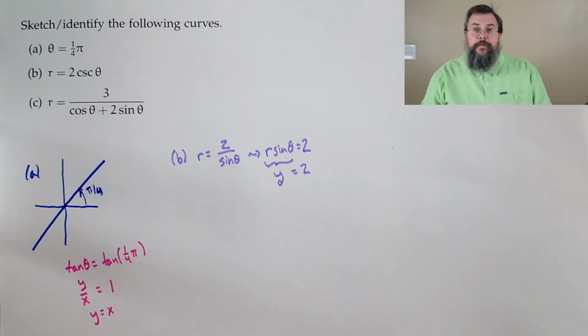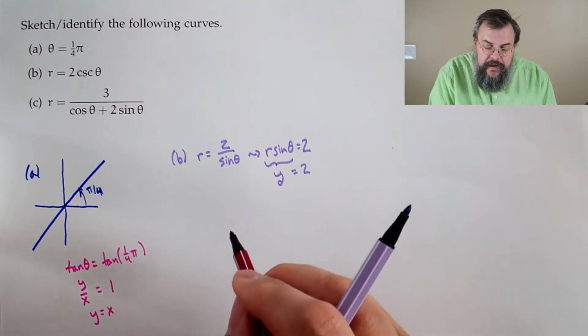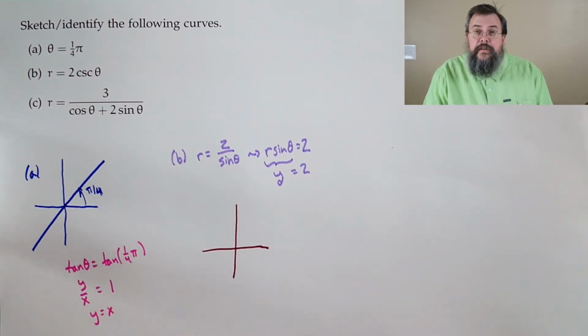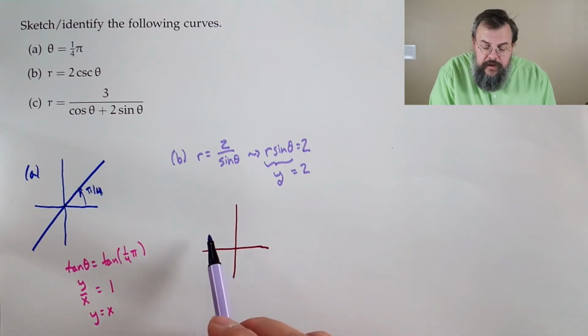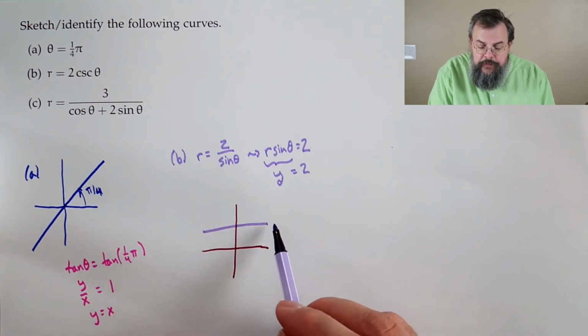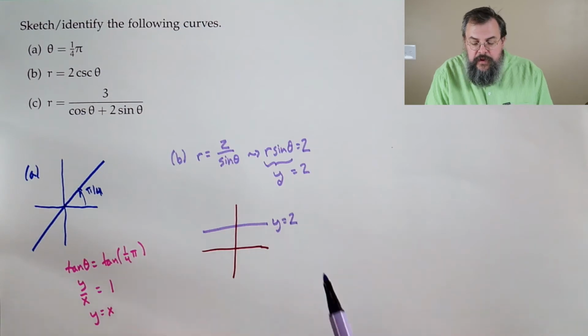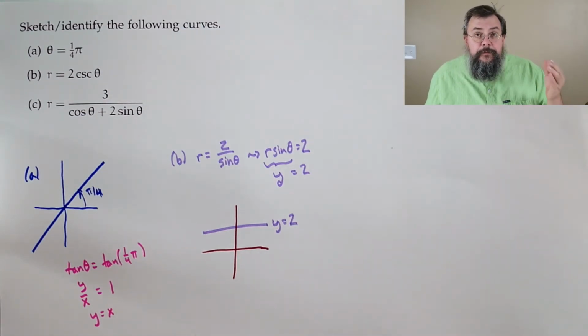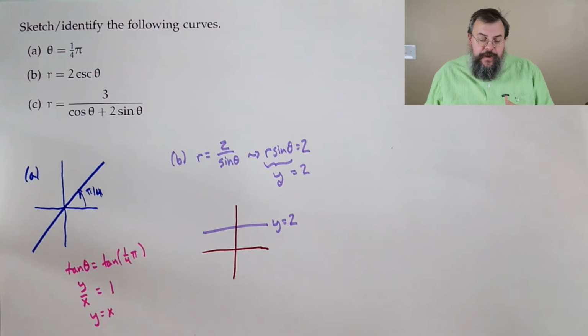And now we can graph that. If we think about our plane, we draw our axes, then we have this line here, y equals 2. That's so elegant. Much more elegant than 2 cosecant theta.